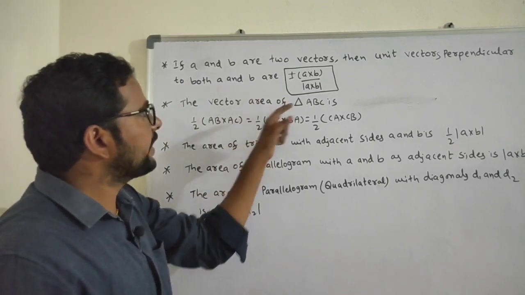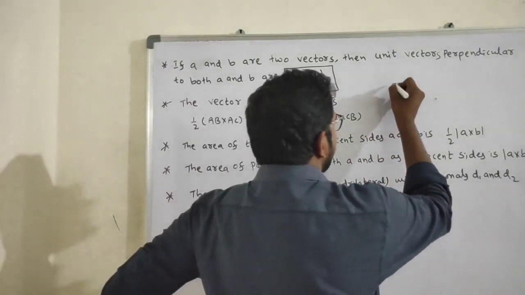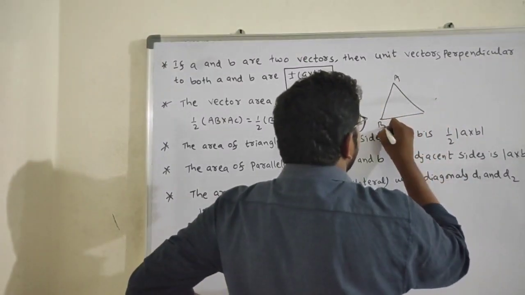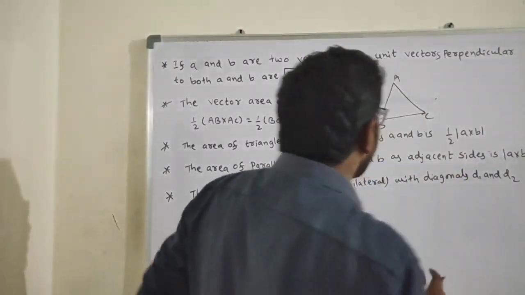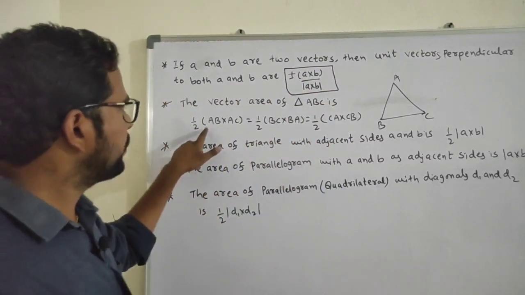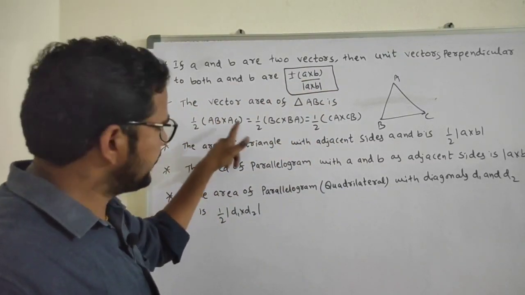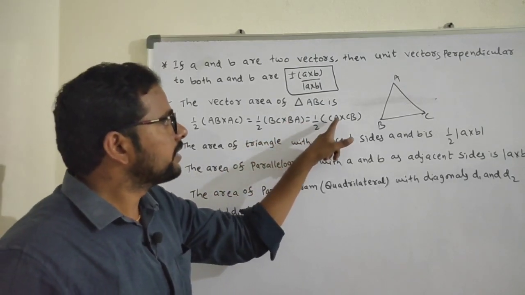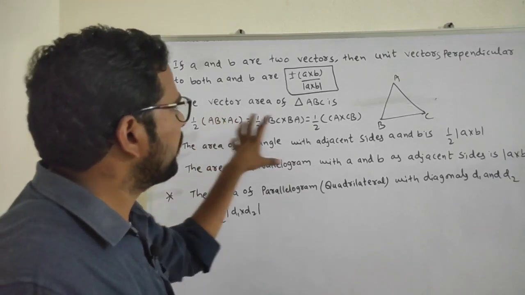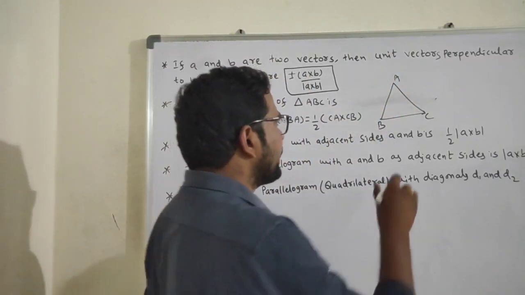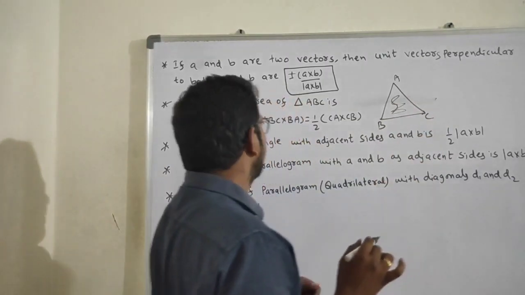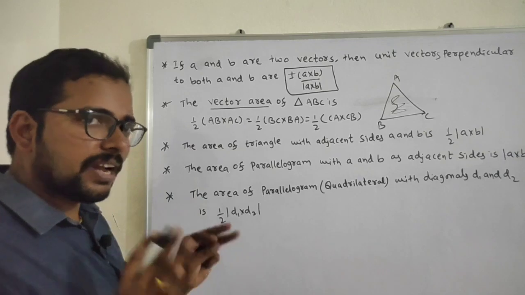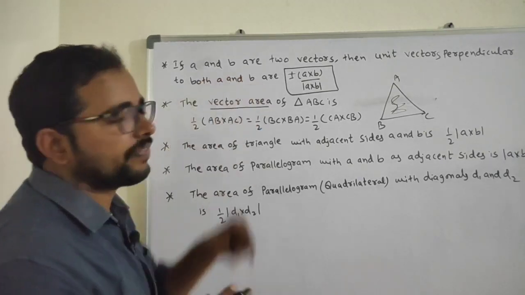The vector area of triangle ABC, suppose this is triangle ABC, is half into AB cross AC, equal to half into BC cross BA, equal to half into CA cross CB. This is the vector area of triangle ABC. Vector area and area are different.